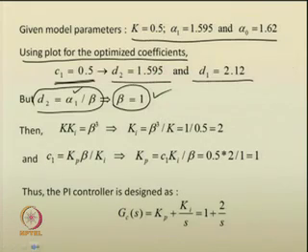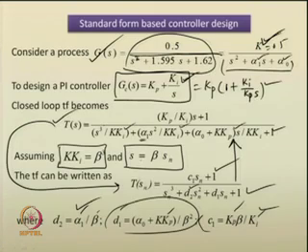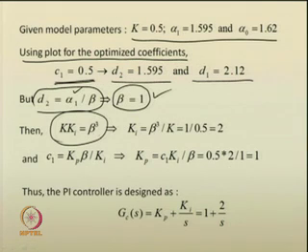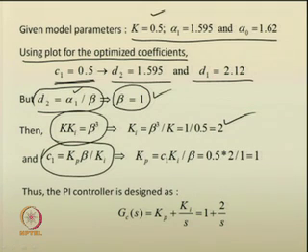We have assumed k Ki equal to beta cubed, and since beta equal to 1, Ki can be obtained as beta cubed by k, where k is one of the process parameters, 1 upon 0.5. So, Ki becomes 2. Similarly, using the expression C1 equal to Kp beta upon Ki, since we now know C1, beta and Ki, the only unknown Kp can be estimated as 1.